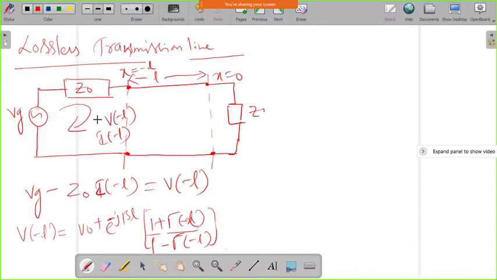We can write it in terms of the generator voltage.